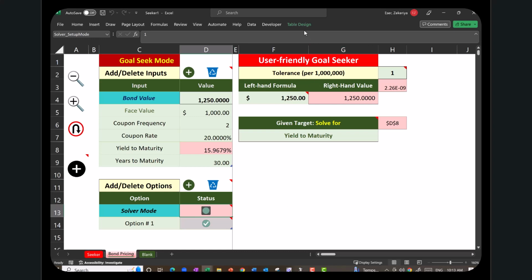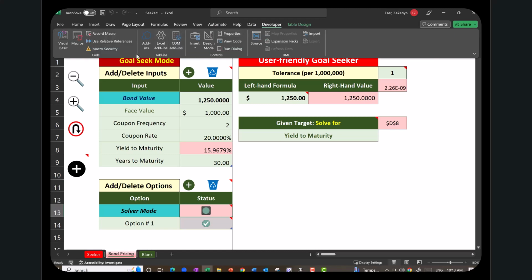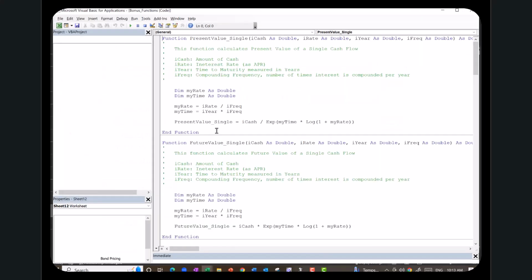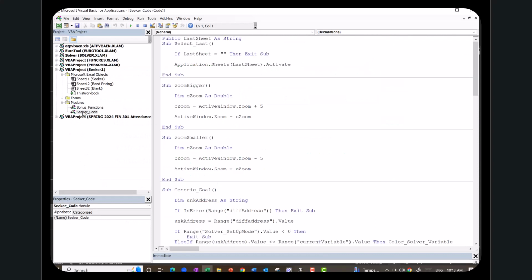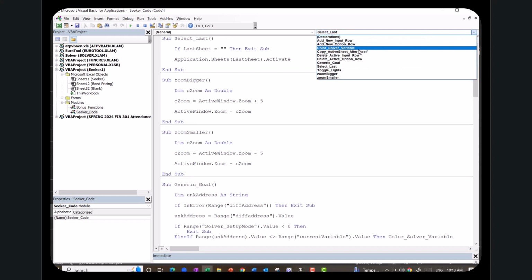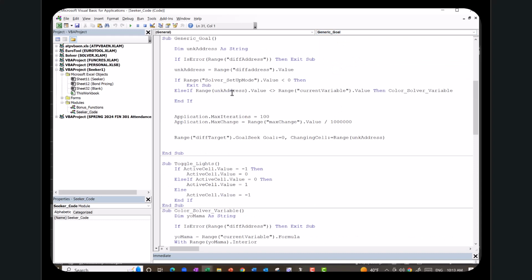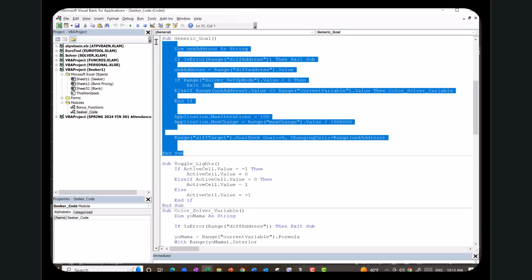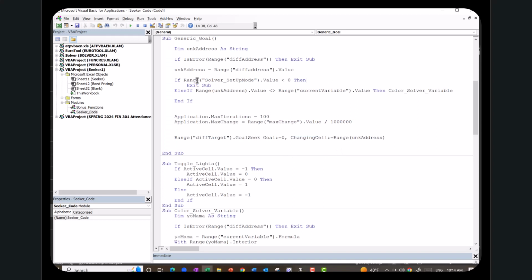I don't know if I've shown you. This is the code that actually does the GoalSeek. It is triggered when one of the inputs change, and it is in the setup mode. So if the setup mode is not one, then it just exits the sub.